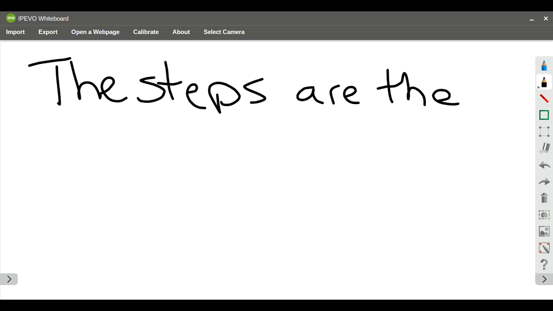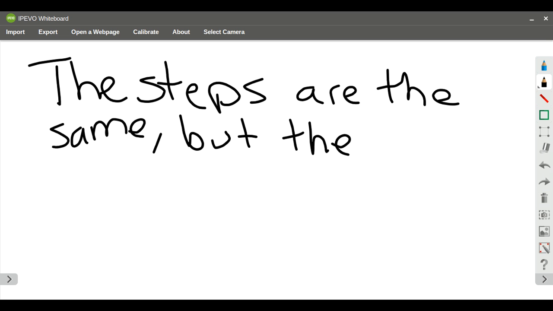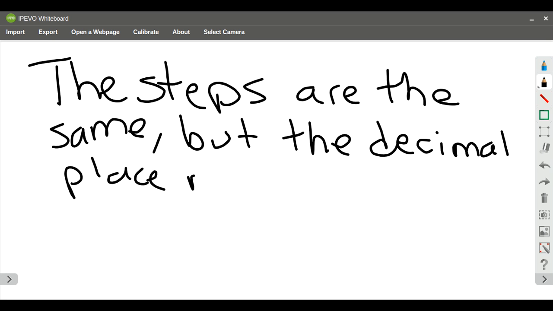The only thing that was different is we need to make sure the decimal place goes in the right spot. The decimal place needs to be put in the right spot.